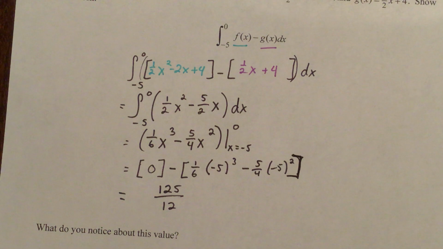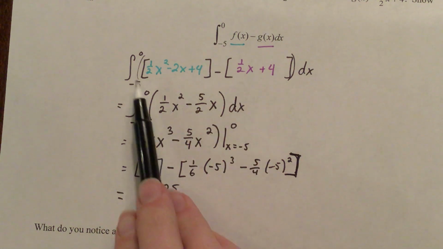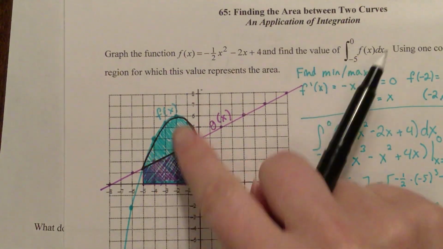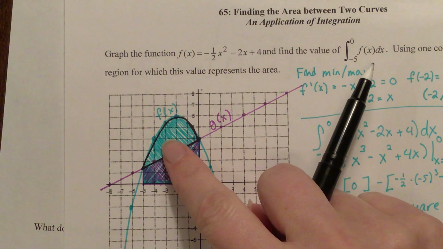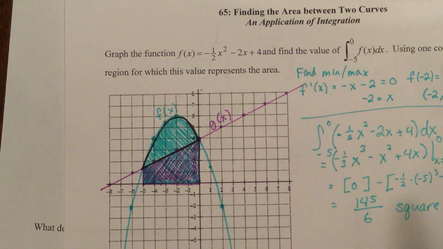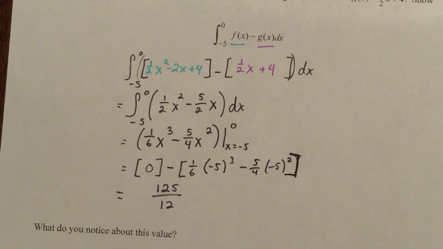There we go, 125 over 12 square units. So it looks like if we just subtract the two functions and then take the integral, we end up finding the area that is between our two functions instead of having to do one integral, the other integral, and then subtract.